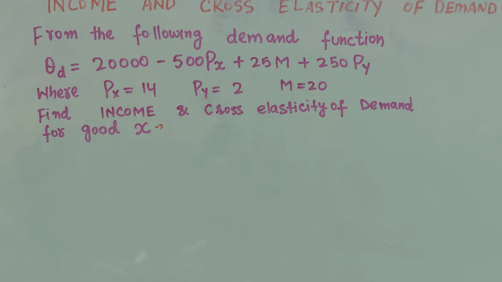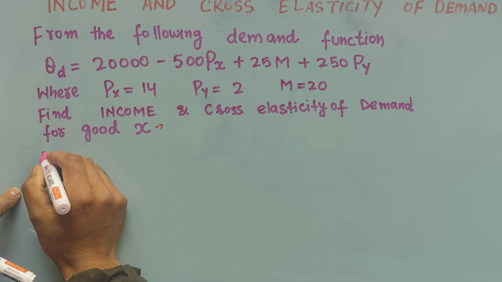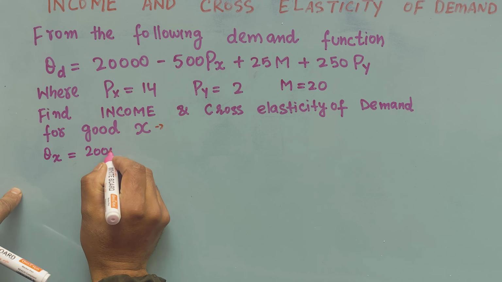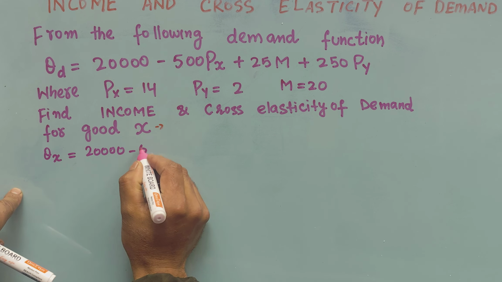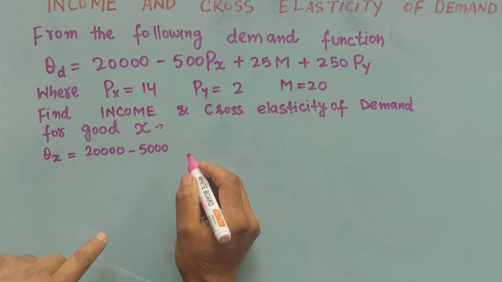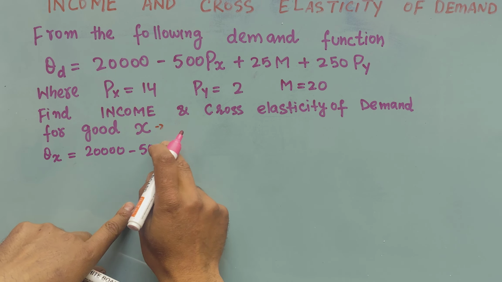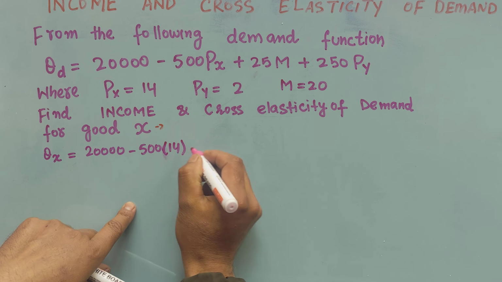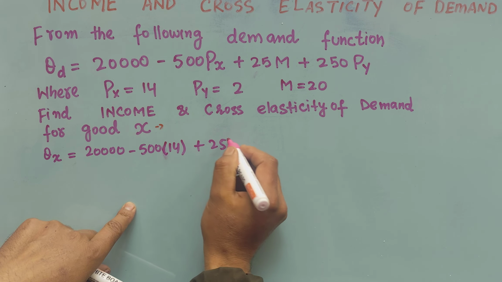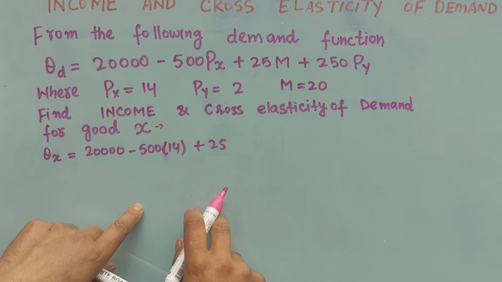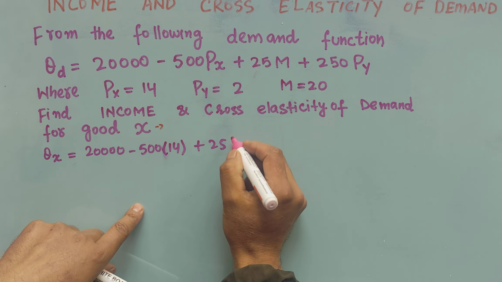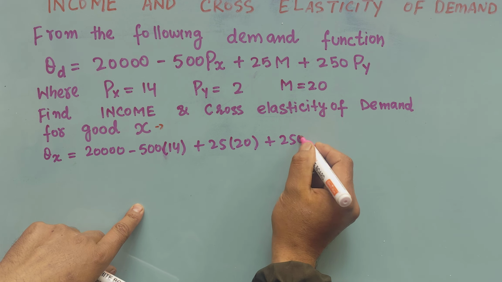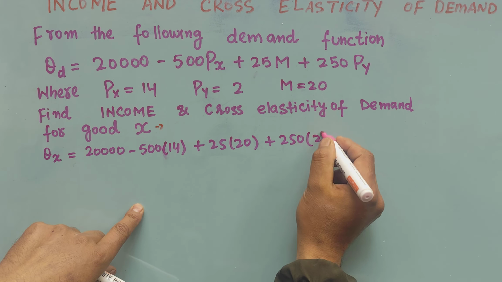So let us find out the quantity demanded of good X, that is Qx, will be equal to 20,000 minus 500 times price of good X, which is given as 14, plus 25 times income of the consumer, which is given as 20, plus 250 times price of good Y, which is 2.